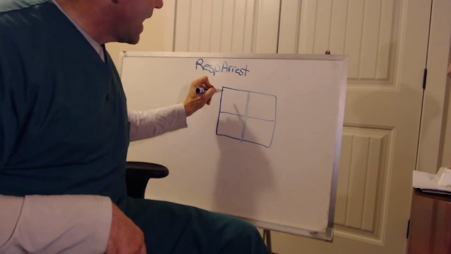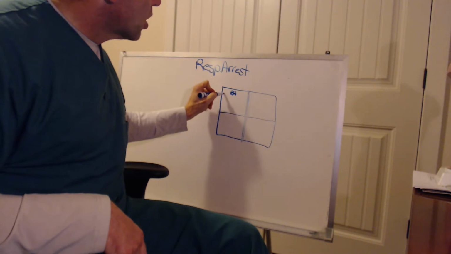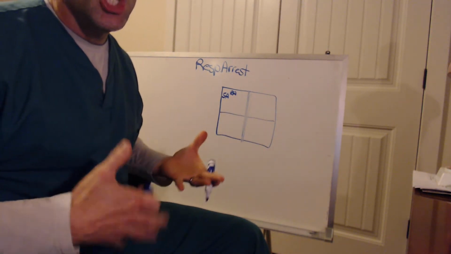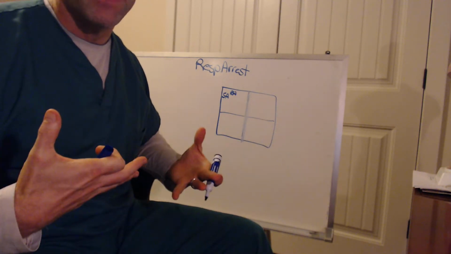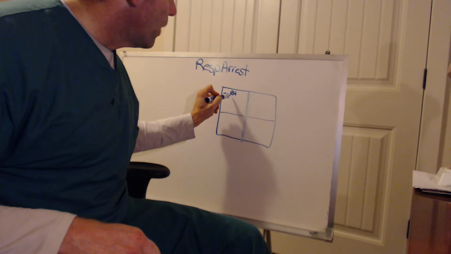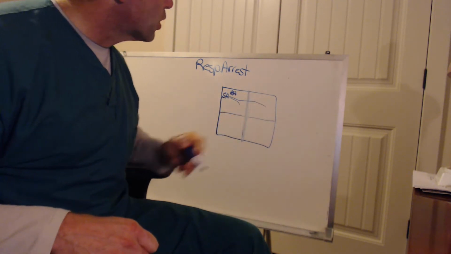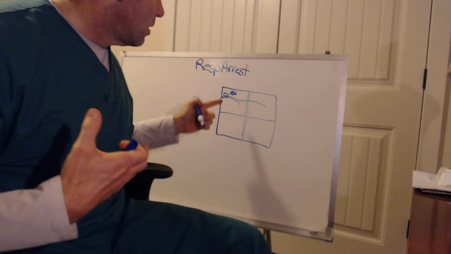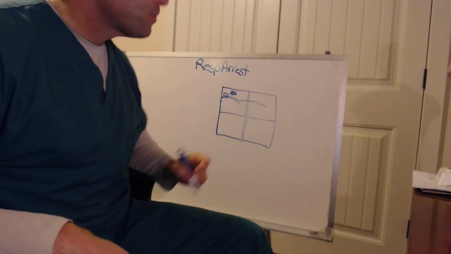In the right atrium, we have what's called the SA node. The SA node, the sinoatrial node, is the heart's pacemaker. And what it's going to do is send electrical impulses into the rest of the right atrium and the left atrium.